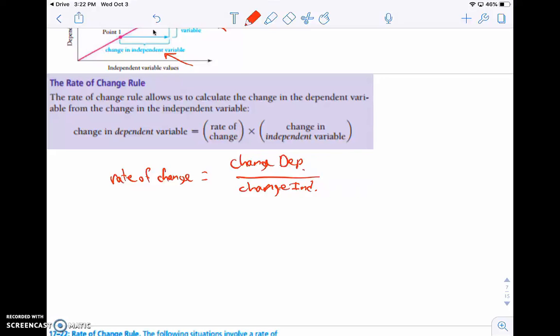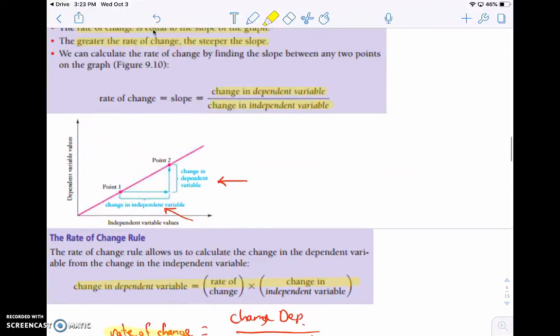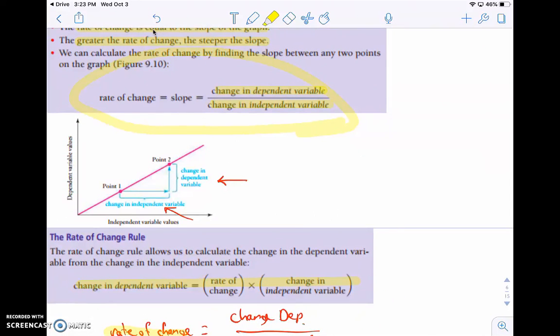Notice if you multiply both sides by the change in the independent variable, you'll get rate of change multiplied by change in the independent variable is equal to the change in the dependent variable. So you're just manipulating your rate of change formula to get this formula for the change in the dependent variable. It's not some magical formula we come up with. It's all based off of just manipulating this original formula right here.